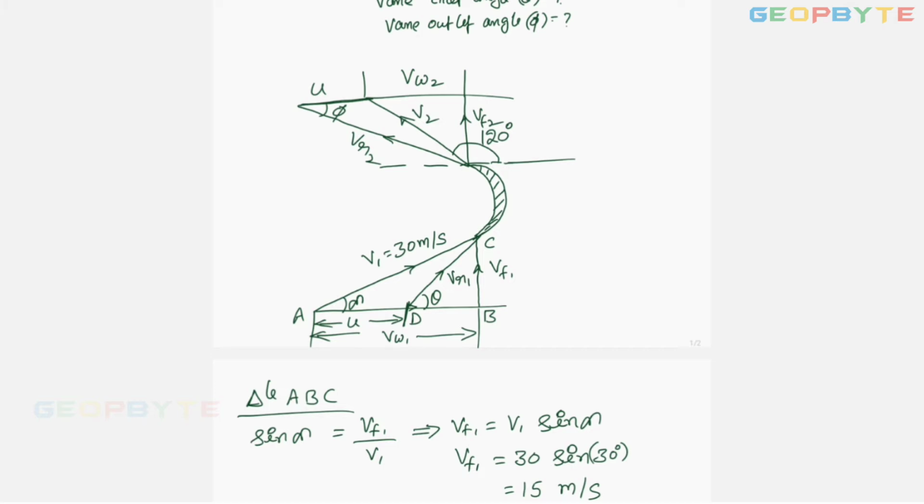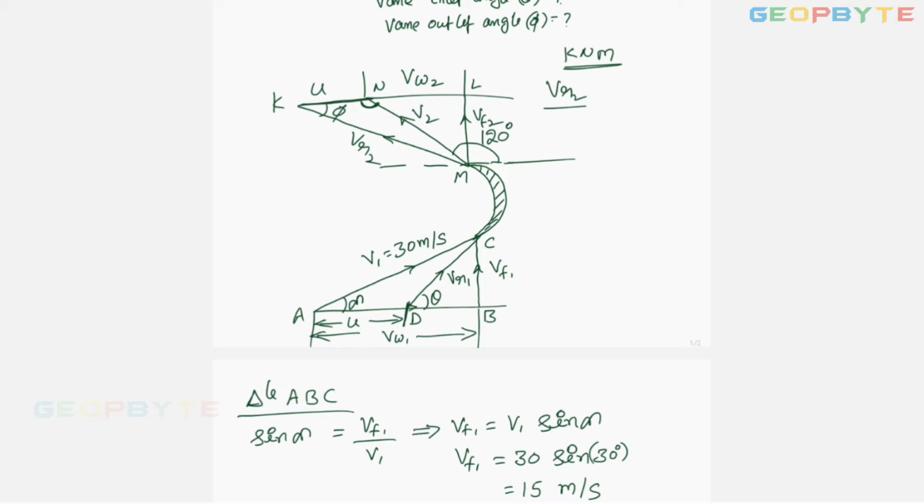Now let this be K, L, M, N. For the triangle K, N, M, it is not a right angle triangle. For the triangle K, N, M, I can write the sine rule: Vr2 by sine of the opposite angle.